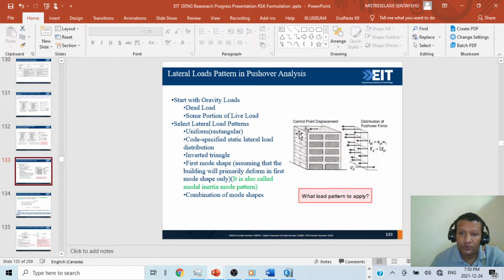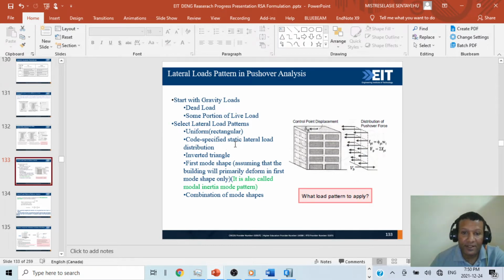Distribution of pushover force: the force is equal to phi, the mode shape, times W, the weight of each floor. Then it will give you the force, and once we know the force for each floor, the summation of Fi will give you the total force, that means base shear. So this is one part.